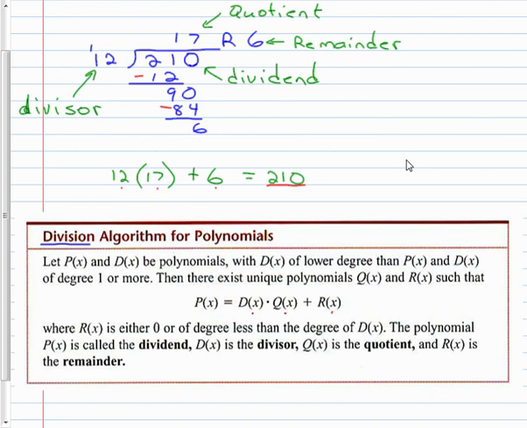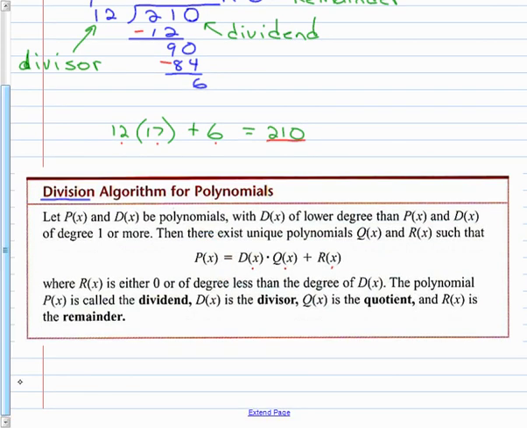That's all they're saying with this. I can do the same thing with polynomials. If I divide polynomials, then I should be able to take the divisor times the quotient plus any remainder, and it equals the original polynomial. So that's all that big box says in all their fancy language.